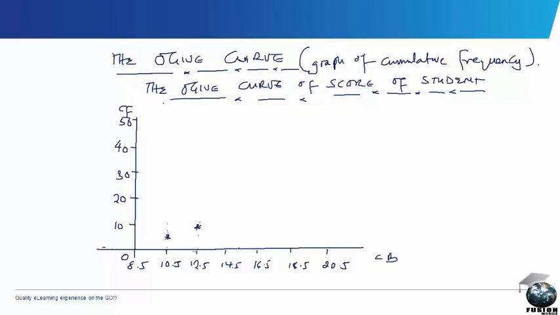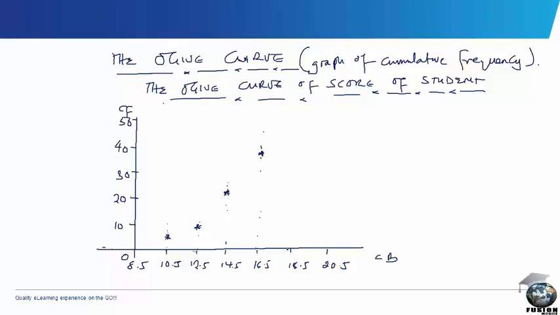At 12.5 to 14.5 we had 21, and the point where we can have 21 is likely to lie on this side. From 14.5 to 16.5 we have 36, which is a little bit in between, before 40.